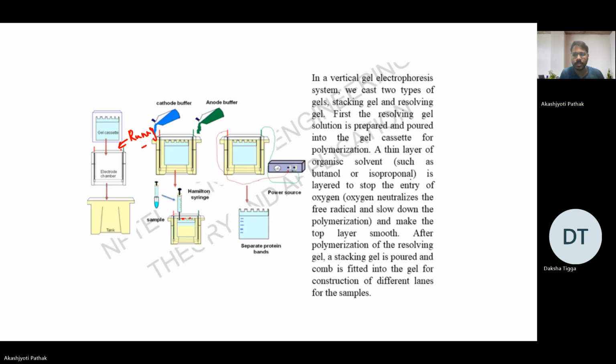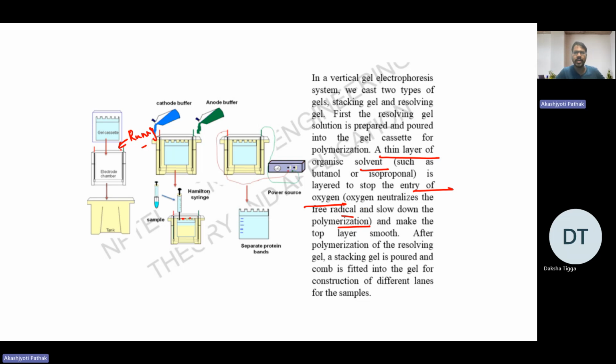Okay. So remember this. Why do you add an organic solvent over the resolving gel? This is to stop the entry of oxygen. Why do you want to stop the entry of oxygen? Because oxygen neutralizes the free radical and slows down the polymerization. Another reason to add it is that it makes the gel crisp.